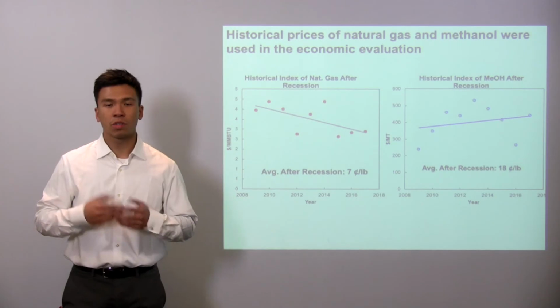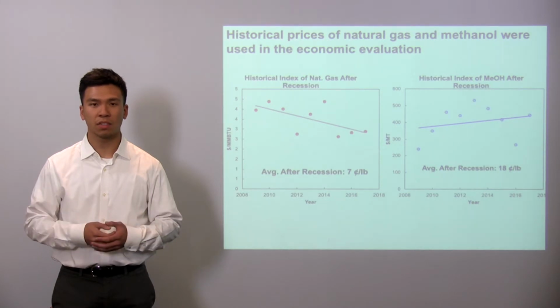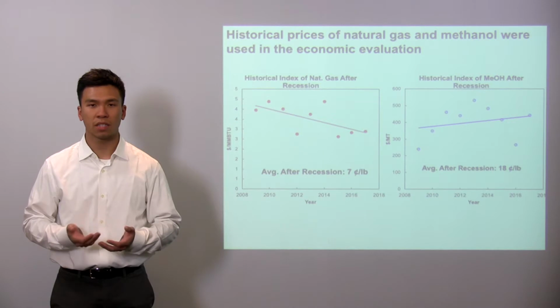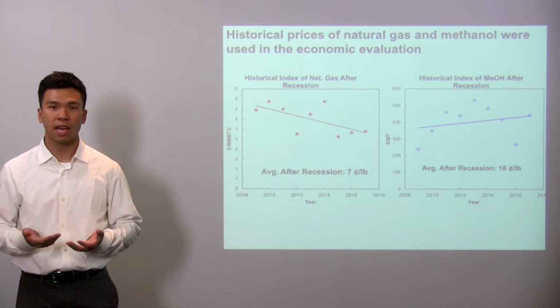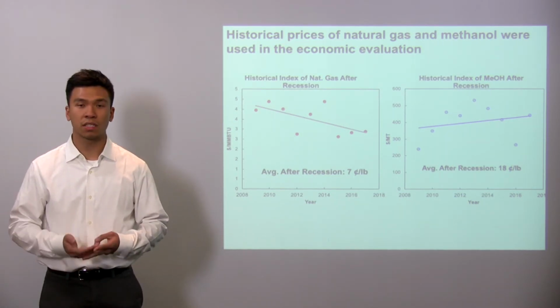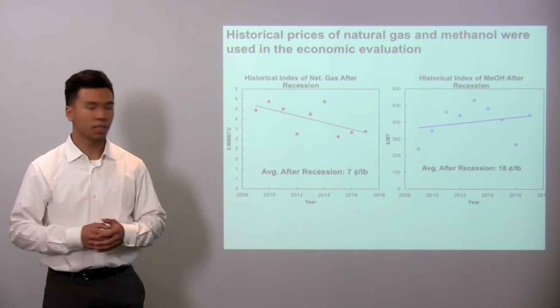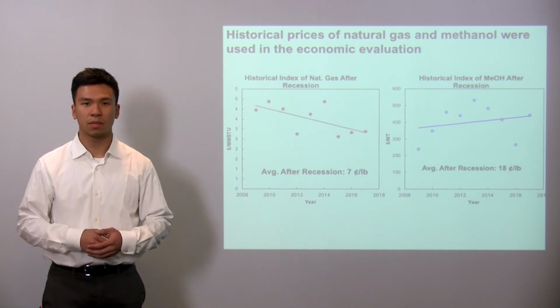It could potentially impact the economic evaluation of our plant. In order to conduct a fair economic evaluation for our base case design, we were given that the price of methanol was currently at 12.5 cents per pound and that the natural gas feed is priced at 4 cents per pound. However, due to fluctuations in natural gas prices in recent years due to the Great Recession as well as the oil prices of 2014, we decided to take an average over the period of 2008 to 2017.